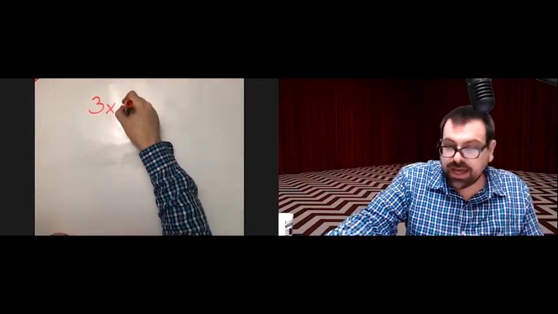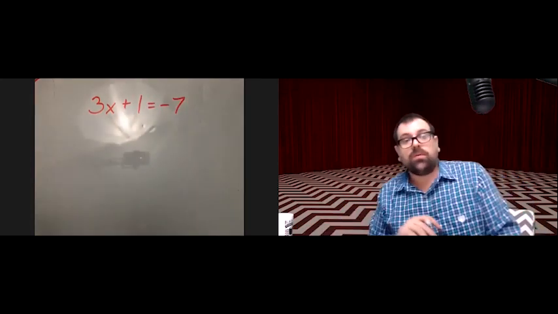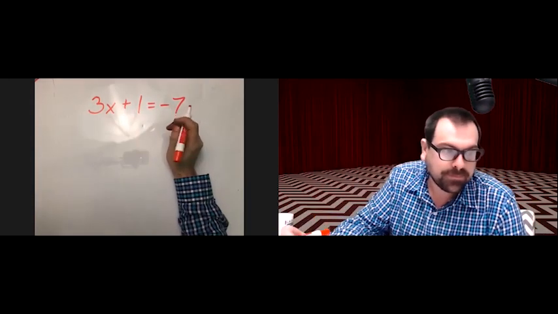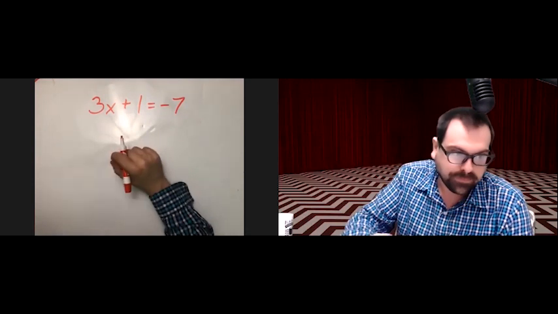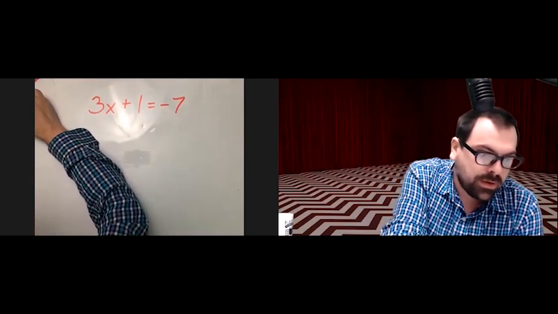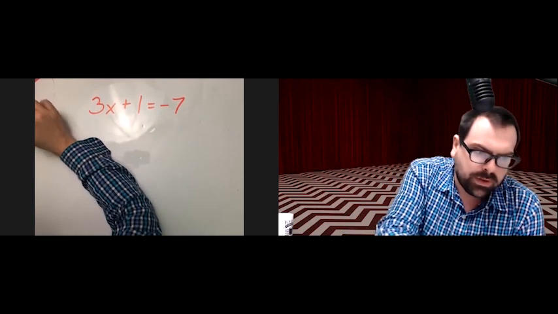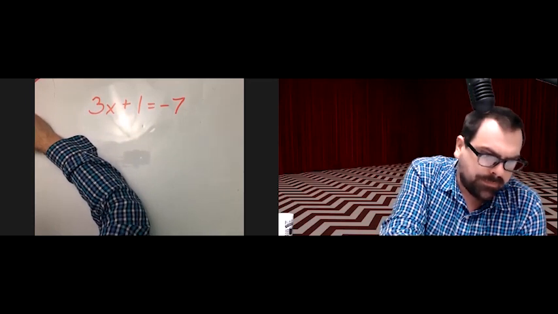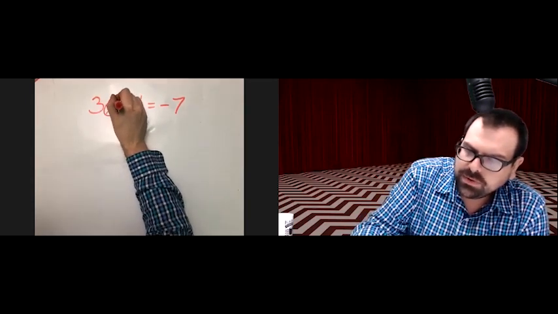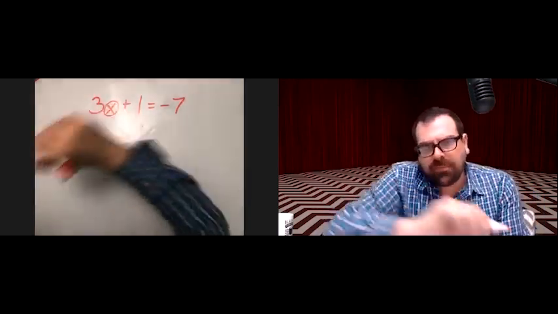So if we had 3x plus 1 equals -7, here's the variable that we want to get by itself.